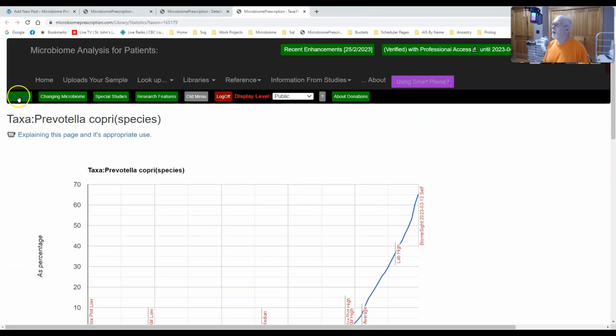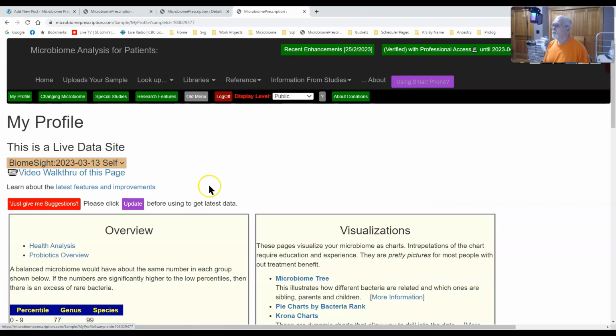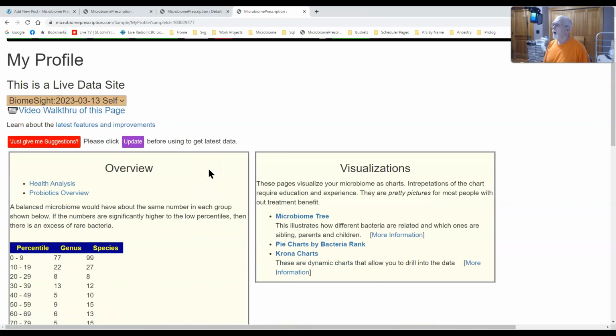Okay, let's go back and see how we get suggestions. For this person I first did just those two bacteria, actually one particular species, to see what the suggestions are. But he came back to me and indicated he has a lousy diet.